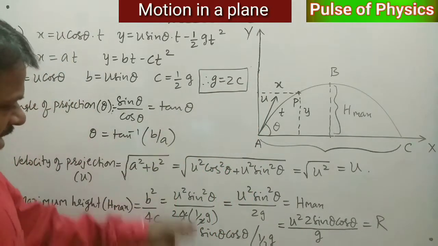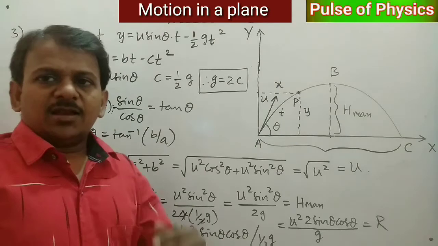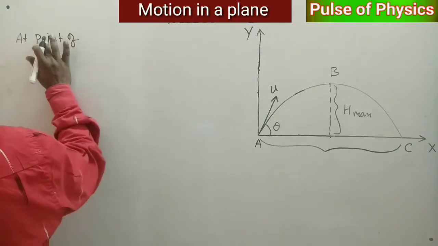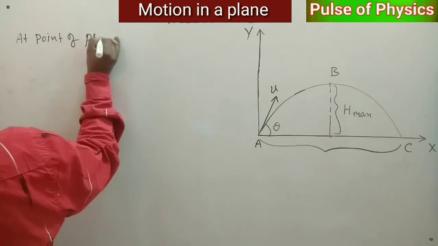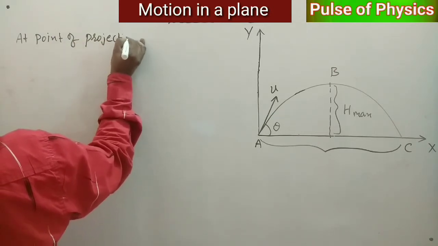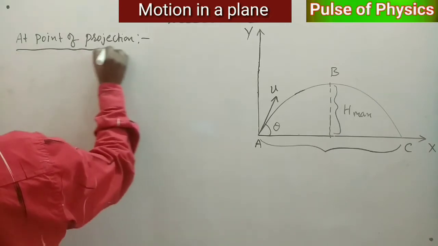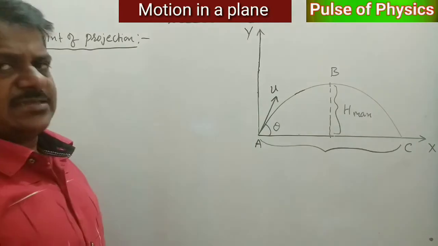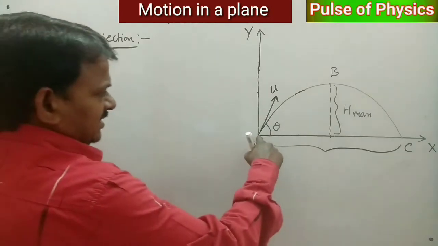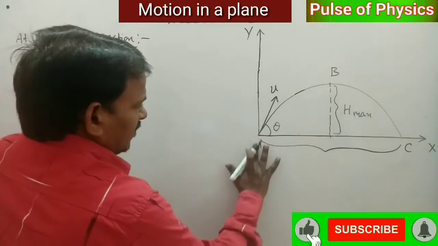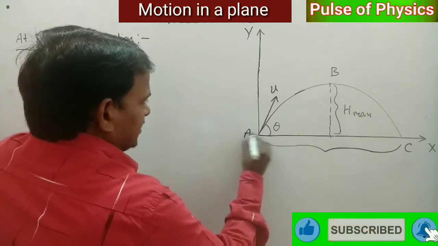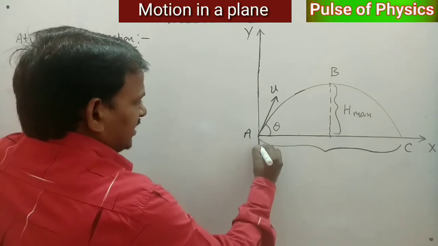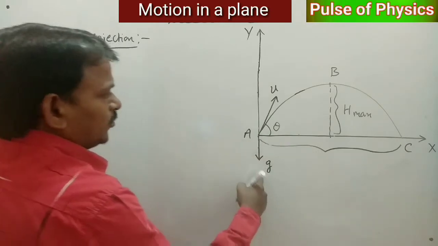Now these are the applications. Let us see some more applications on the next board. At the point of projection, what is the angle between initial velocity and acceleration? Where is the acceleration here? Vertically downwards. You see this, this is A. Here it is vertically downwards, which is the direction of acceleration due to gravity.